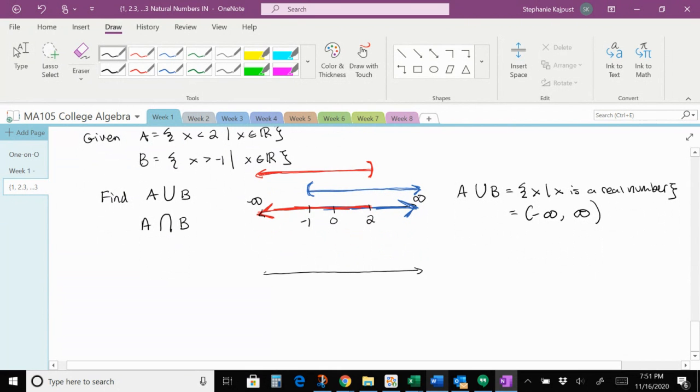Now the intersection. I'm going to draw the same number line and try to line everything up. So the intersection is where they are overlapping. At first I want to see where the lines are overlapping. So our two lines are overlapping between -1 and 2.